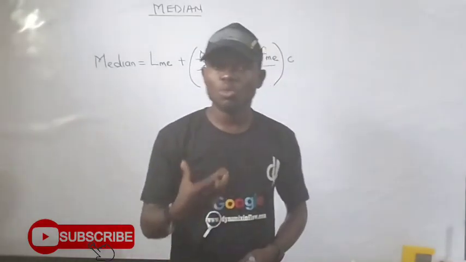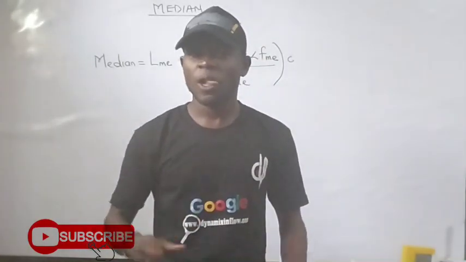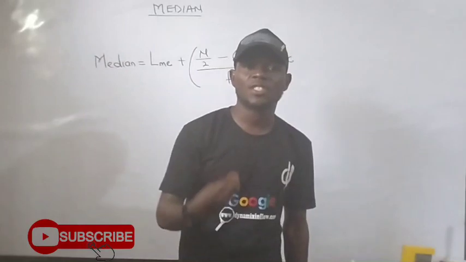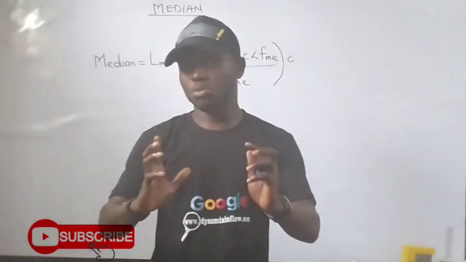But the moment we switch to mode, the formula for mode is simple, but we need to understand the definition, for what you do not define, you do not know. By definition, mode is the most occurring data in a given set of distribution.